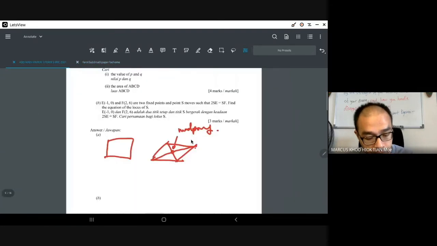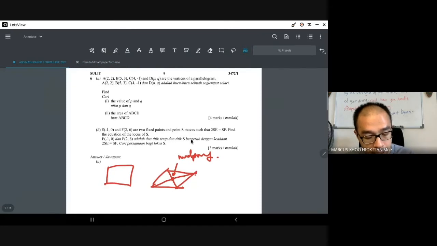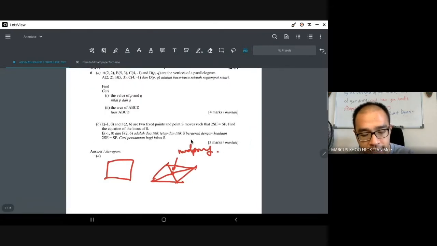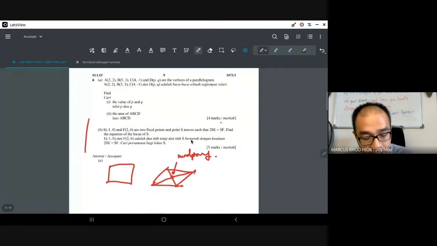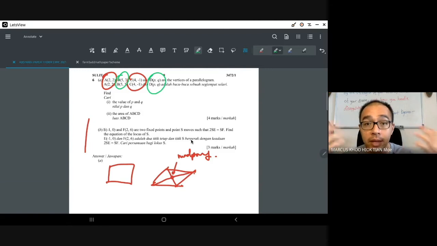Because this is A and C, obviously. So A and C will have one midpoint, and then B and D will have another midpoint, and the midpoint is the same. So 2 plus 4 over 2 equals 5 plus P over 2.